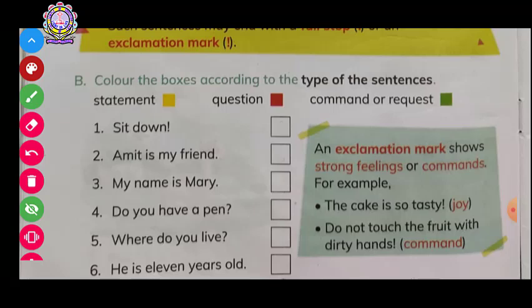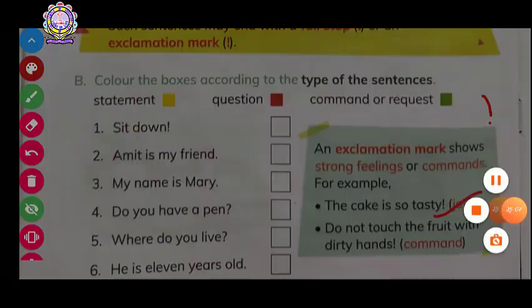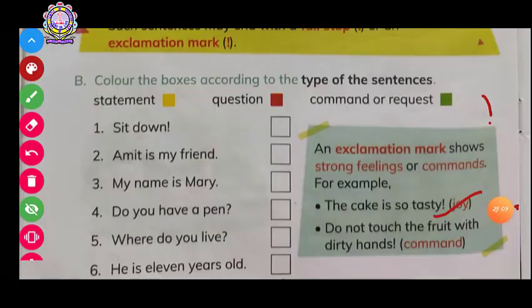For example, the cake is so tasty. There is an exclamatory mark, as you can see here, and it shows a strong feeling or command.